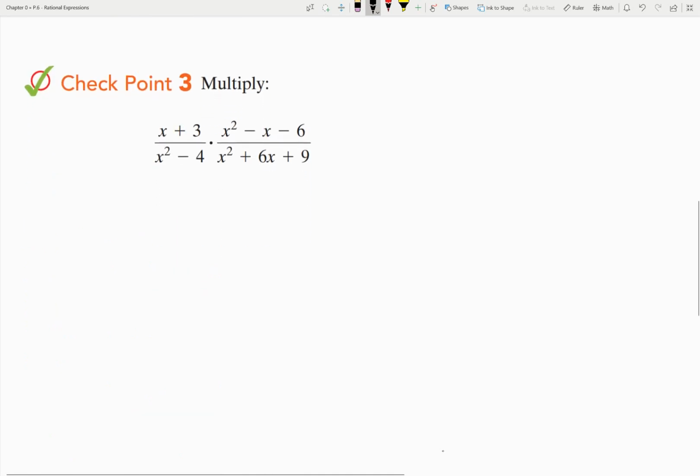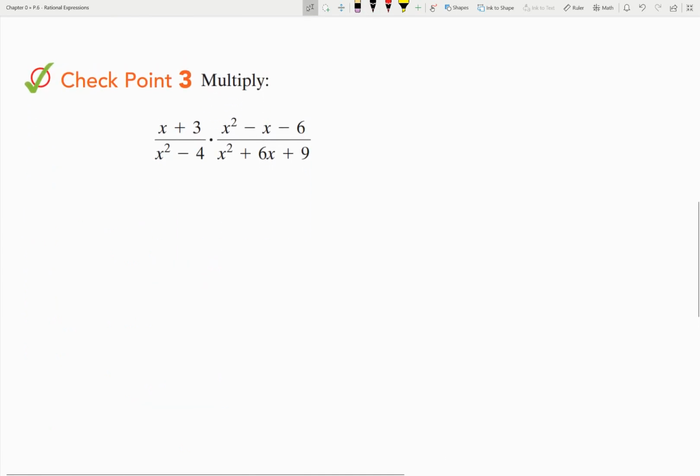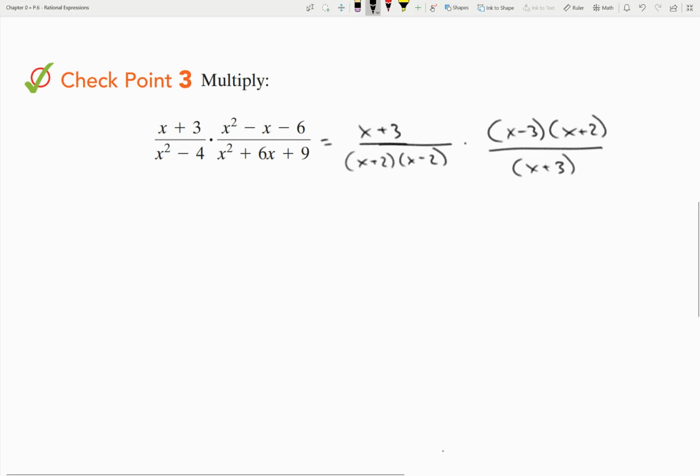Let's try our checkpoint problem. Again, for the first part of this problem, nothing cancels, or sorry, the denominator can factor. So that's x plus 2, x minus 2, times, now the numerator can factor, so that gives me x minus 3, x plus 2, over, this looks like a perfect square trinomial, it would be x plus 3 squared.